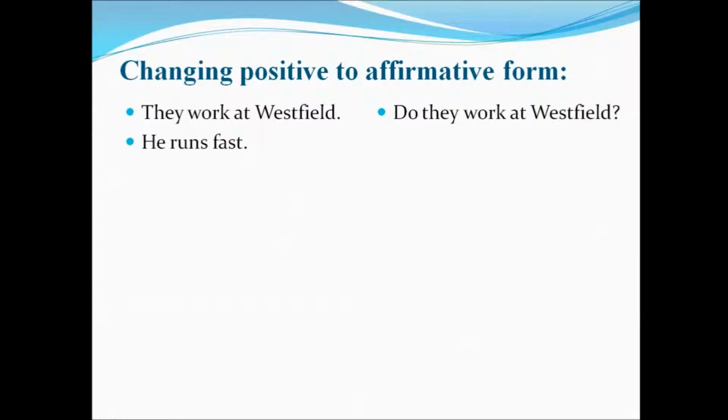He runs fast, and the question is, do or does? Do he run fast or does he run fast? You see that the subject is he, so it must be does, because he is the third person singular. Does he run fast? There is no more s after the word run.